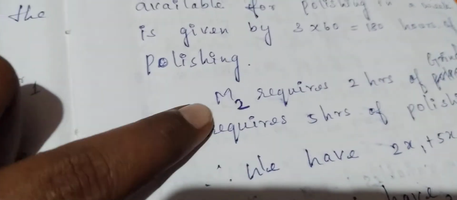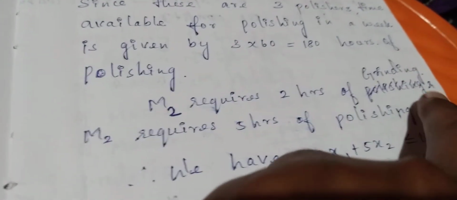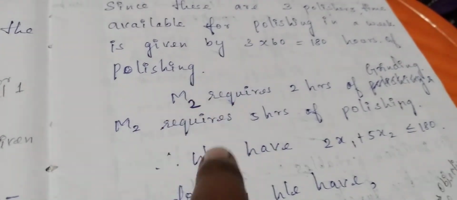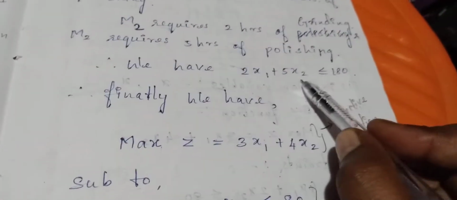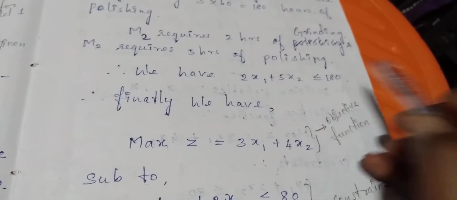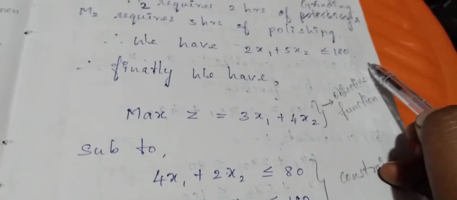This one is M1, this one is M2. So we need to write the equation: 2x1 plus 5x2 less than or equal to 180.